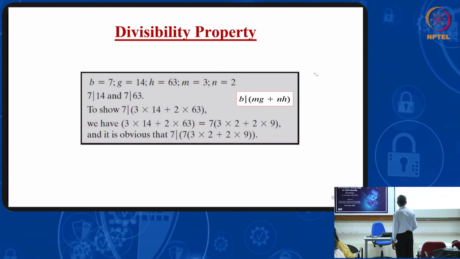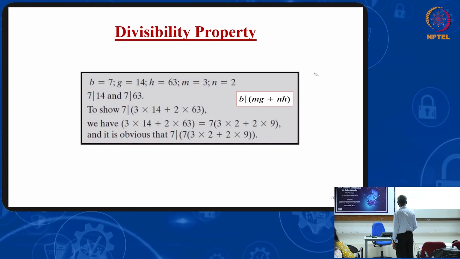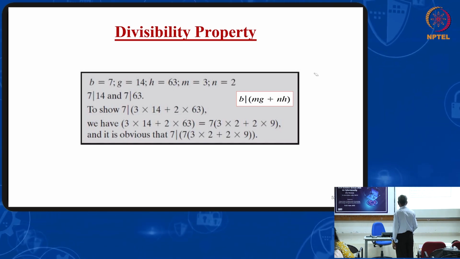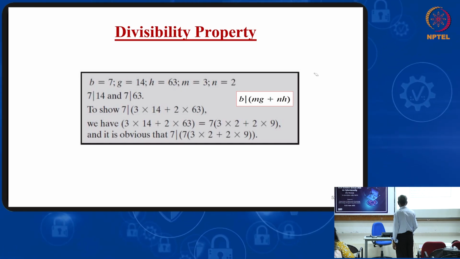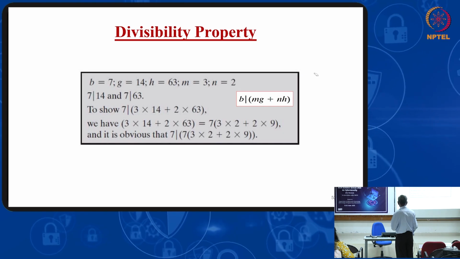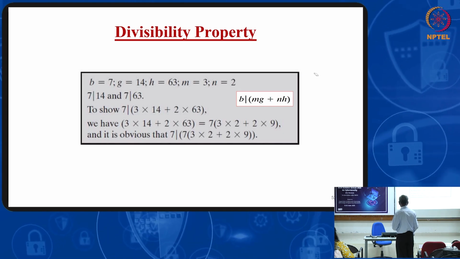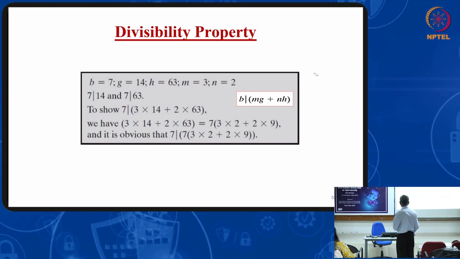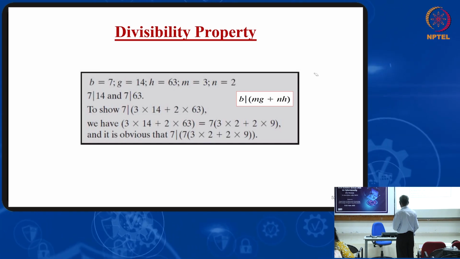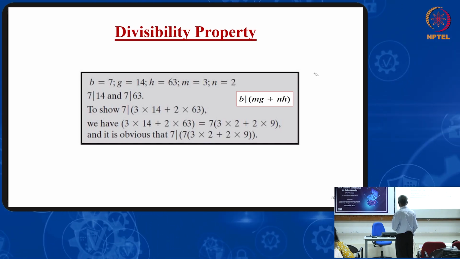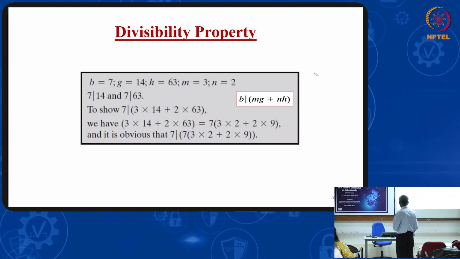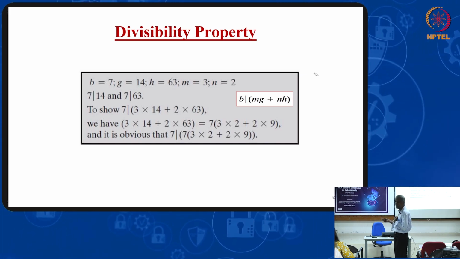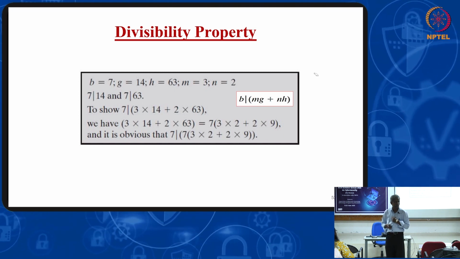To show that 7 divides 3 into 14 plus 2 into 63, we have 3 into 14 plus 2 into 63 equal to 7 into something, taking common factors from both. 14 is written as 2 into 7, and 63 is written as 7 into 9. We want to write multiples of 7.